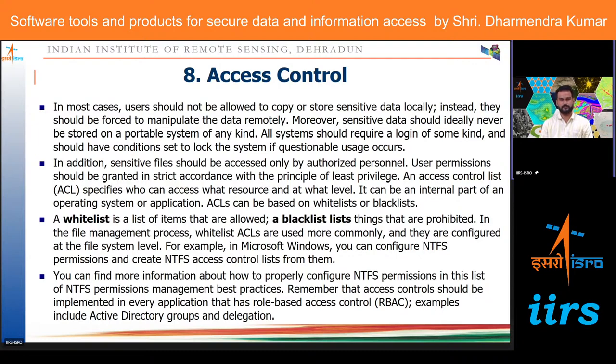So there is a part called whitelist and blacklist. The blacklisted items will not be allowed. They are highly prohibited. If you have whitelisted something, that whitelisted item will be allowed access. So if there is a requirement in your office to have portable devices, including pen drives, then you can identify one or two pen drives, and those pen drives will be whitelisted in all the systems.